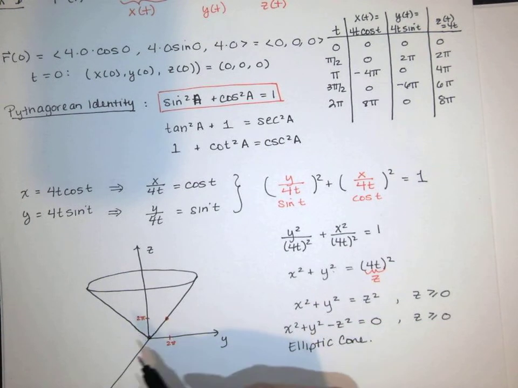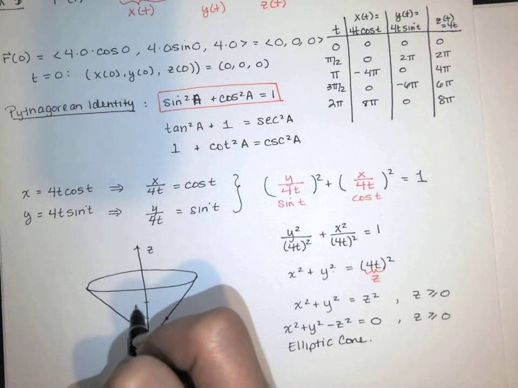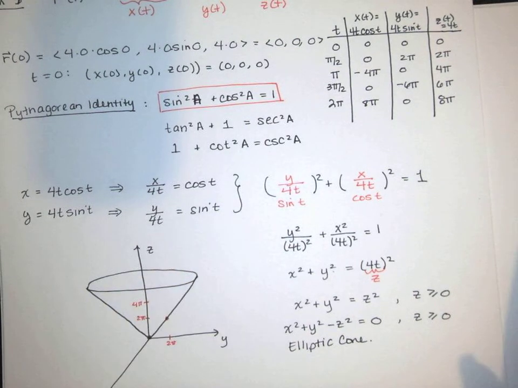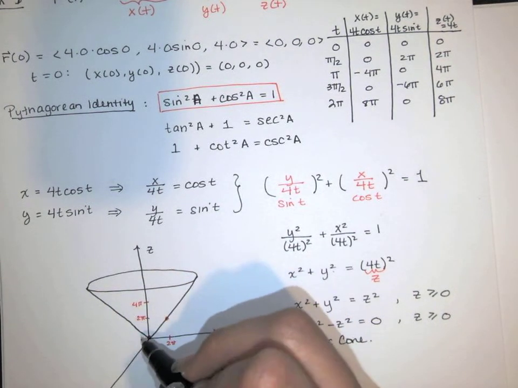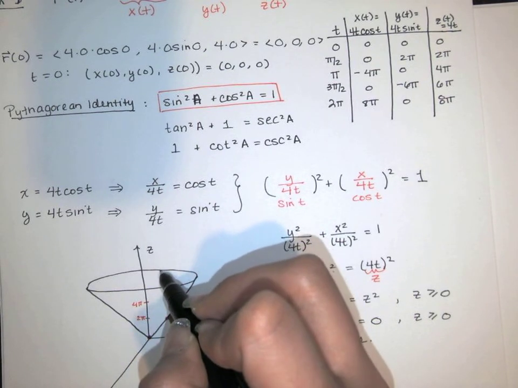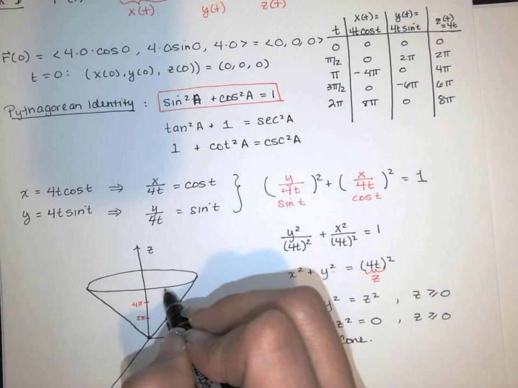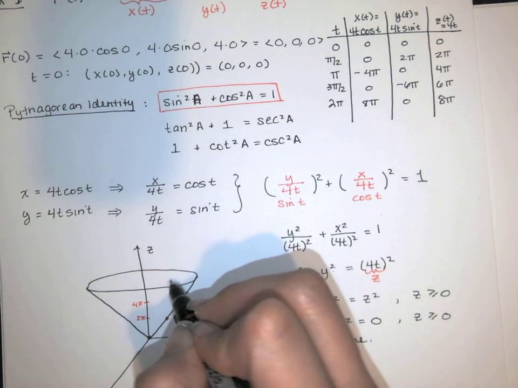And then sometime later, after that, we're at z equals 4 pi, and x equals negative 4 pi. Ooh, that's hard to draw. I think it's on the other side of this cone. But y equals 0, so we're in the xz plane.